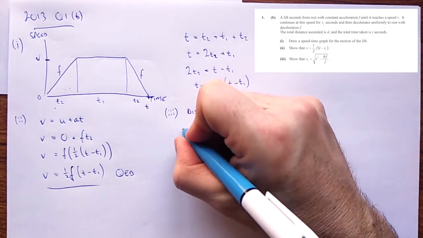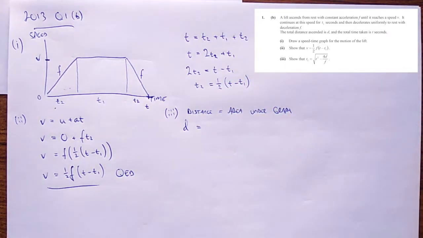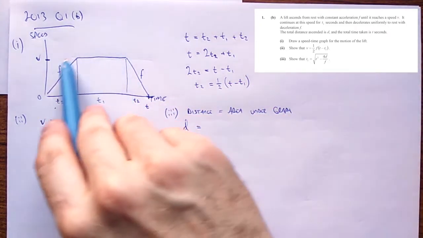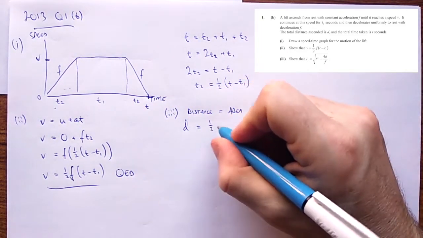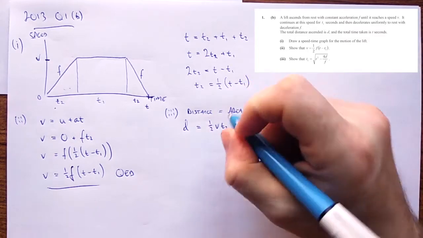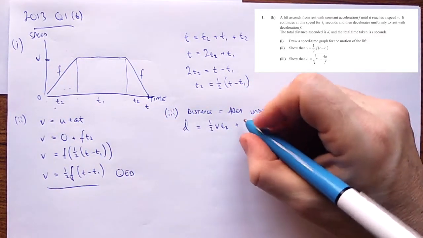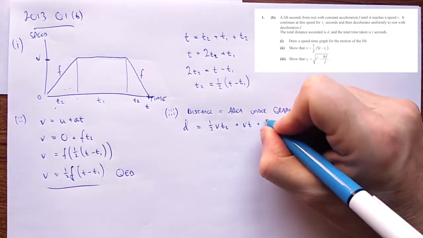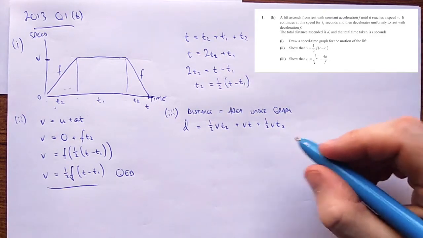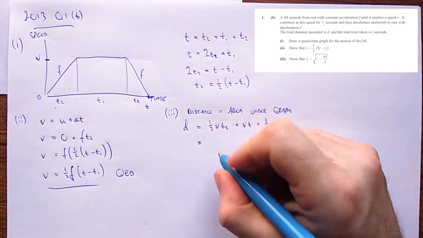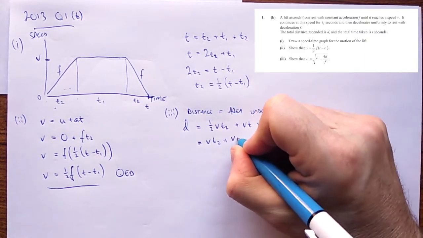So putting our own ones into it, d is the total distance, we're told that in the question. Okay, I'm going to work with the original things we have here and we'll sub in as we go along. Well, it's a half v t2, okay, t2 and v there, plus v t1 plus a half v t2. Okay, tidy that up, so it equals v t2 plus v t1.